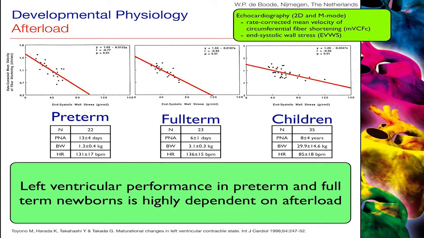Another study, also using echocardiography in preterm, full-term, and older children, shows the difference in the slope in the relation between wall stress, afterload, and contractility. A remarkable difference between preterm, term, and older children. So the left ventricle performance in preterm and full-term infants is highly dependent on afterload.